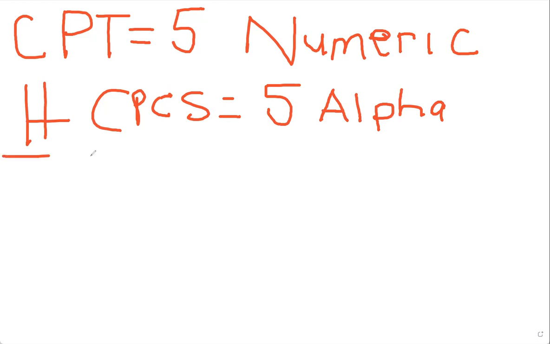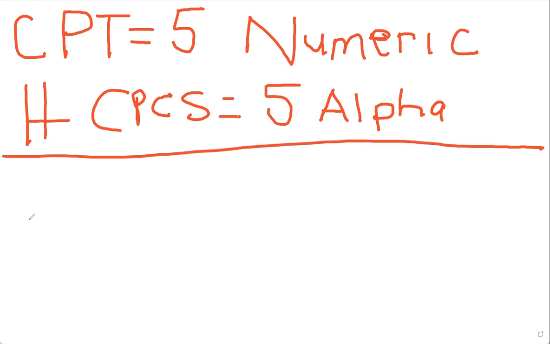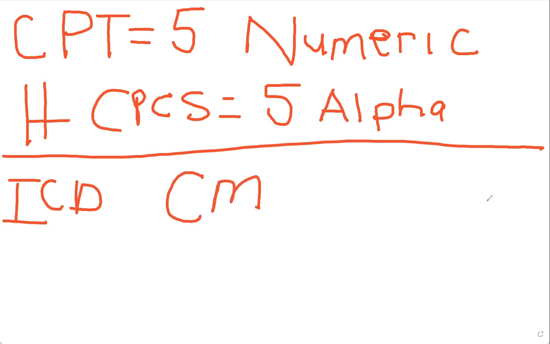All right, so then we have the ICD system. ICD is divided into two parts. We have ICD-10-CM and we have ICD-10-PCS. One of the things that you will want to remember is that ICD-10-PCS is only used for inpatient.